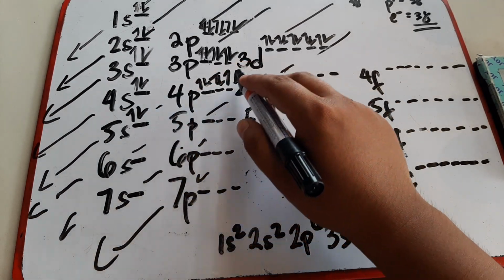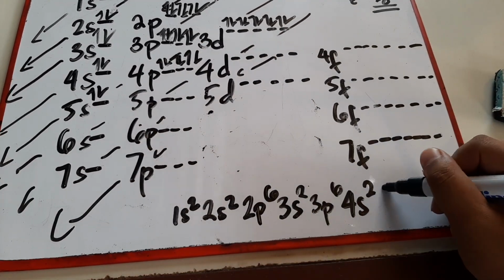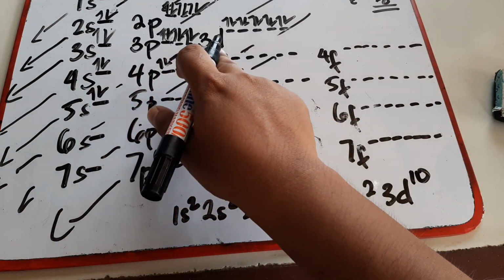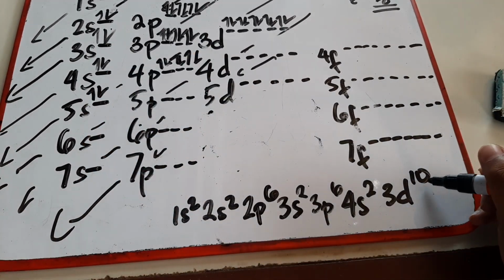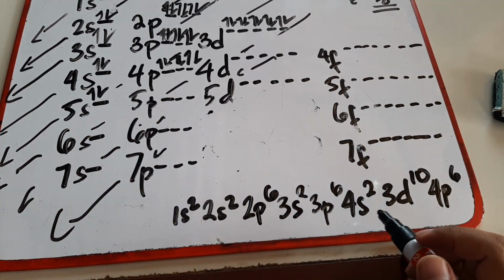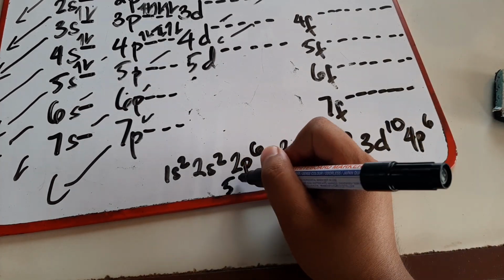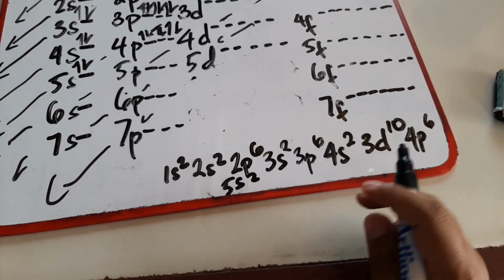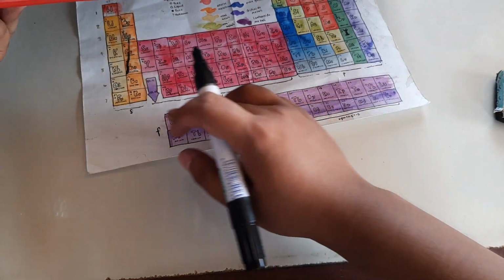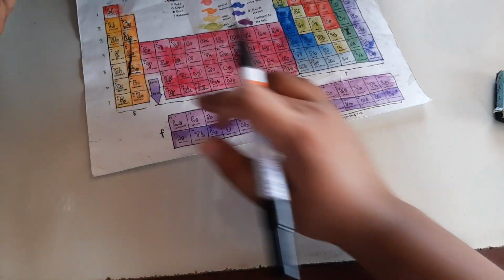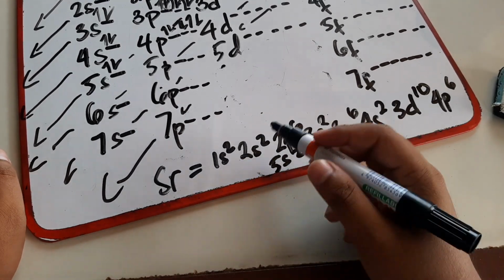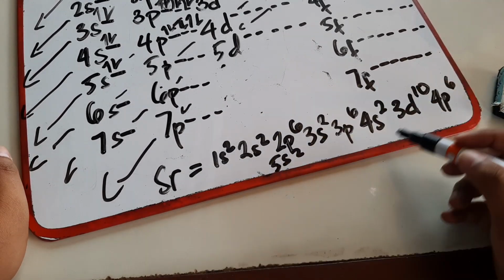And then, I have 3d10, and then 4p6, and lastly, my 5s2. So, hindi na kasya. Nandito na siya. And that is the electron configuration for my strontium, the Sr.